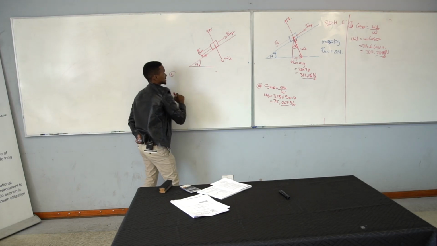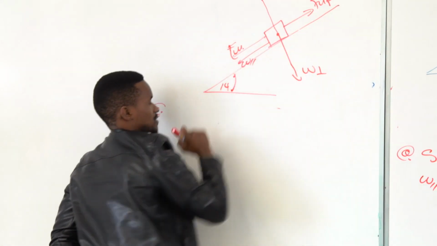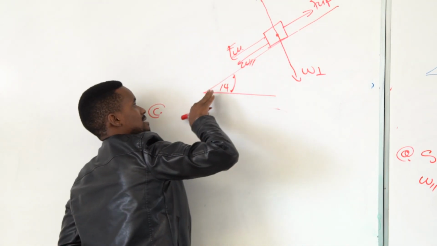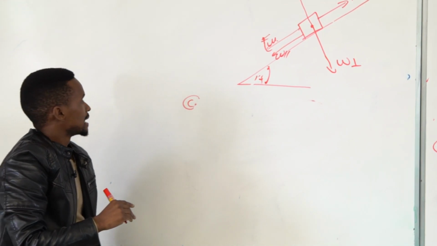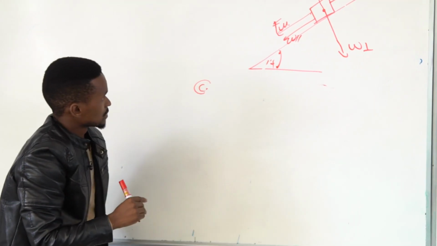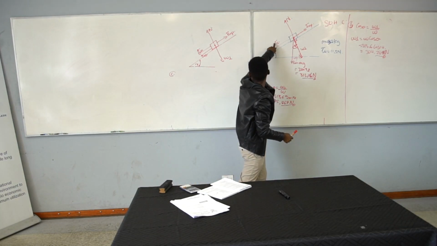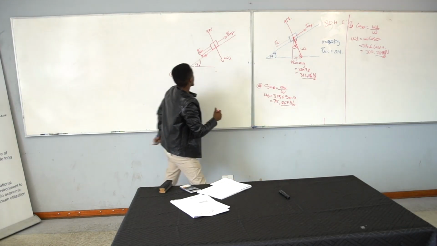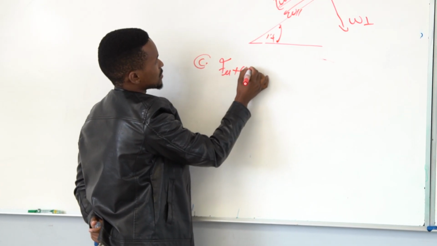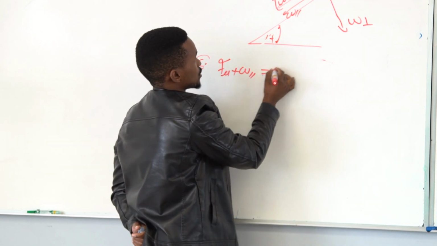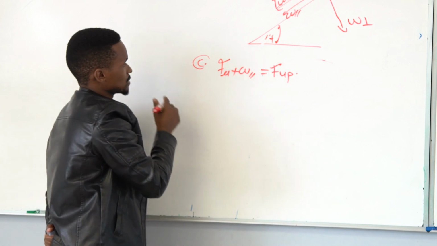If you look at these equations, this plus this will be equal to that one. Or the sum of all the forces that are parallel to the incline will be 0, right? So now we have the frictional force and the F up. F frictional plus the weight parallel is equal to the force up.